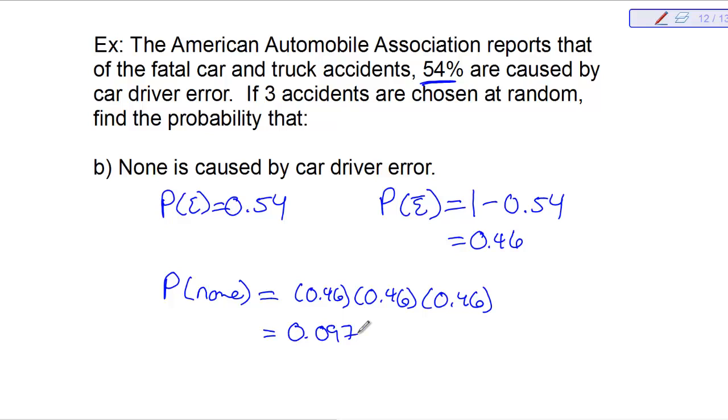And again, we would answer that in a sentence. The probability that none of the accidents are caused by driver error is 0.097. Okay, so we've done the all, we've done the none.